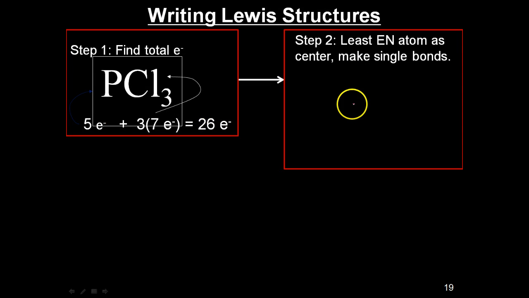So back here we put phosphorus in the center, chlorines surrounding it, Cl, Cl, Cl, and single bonds to each of those. At this point, it's a good idea to do an electron check to see how many we used. We have 26 electrons that we can use total. So far we used 2, 4, 6, so minus 6, we have 20 electrons left.